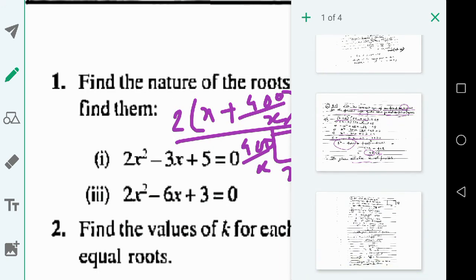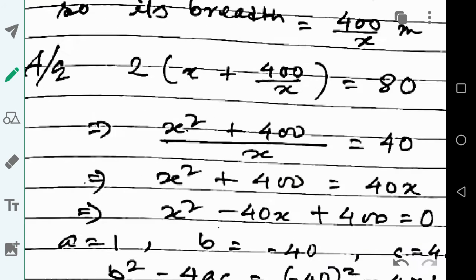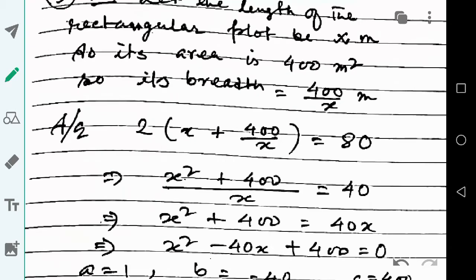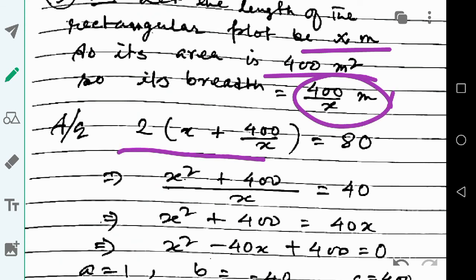We have considered the length of the rectangular plot to be x meters, and as its area is 400 square meters, the breadth must be 400 by x meters. According to the question, 2(x + 400/x) = 80, because 80 is the perimeter, and the perimeter of a rectangle is 2 into (length plus breadth).